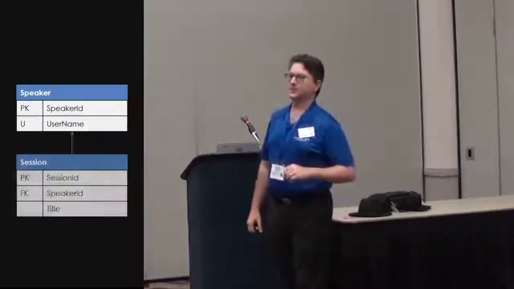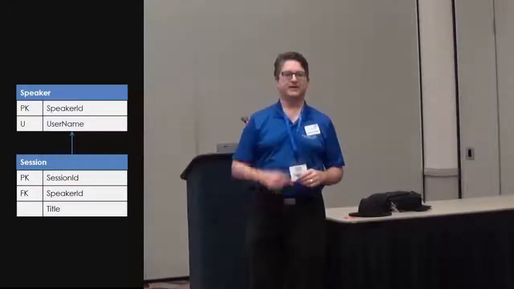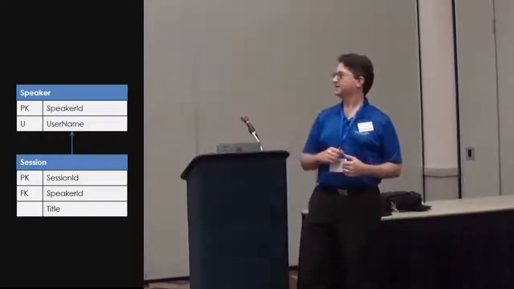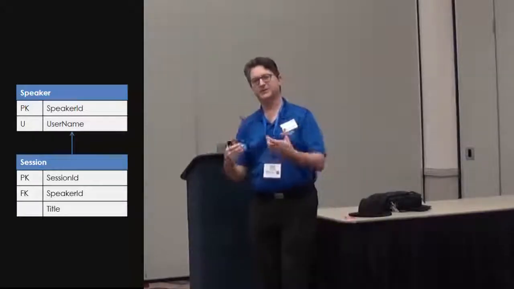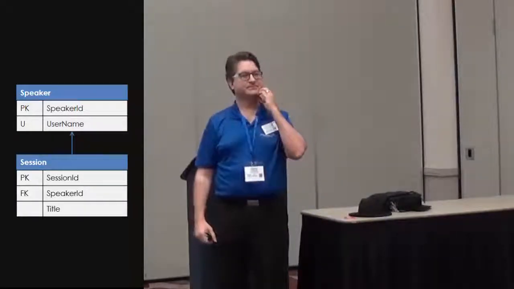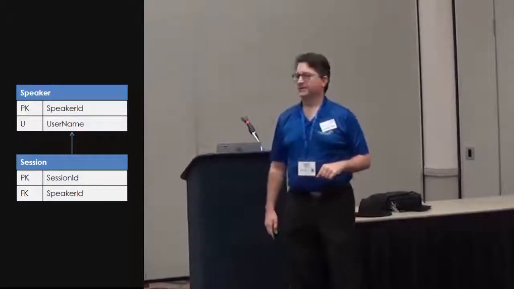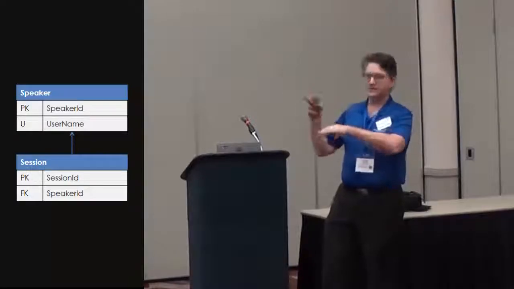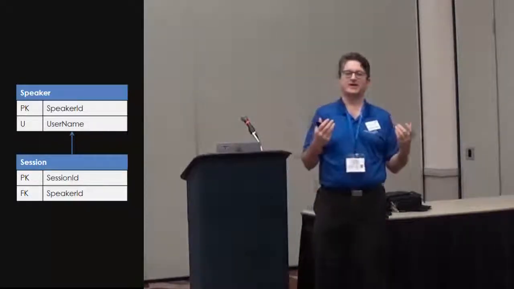Now, let's suppose that I want to add sessions to this database. So I've got my session table, with a foreign key back to the speaker who's actually speaking. We've got a title. So I want to create a session with this title. Oh, wait a minute. Title is mutable. That can't be in here. Let's move that out. But now, if I take away the session ID, that's the internal ID, I just have the speaker ID.